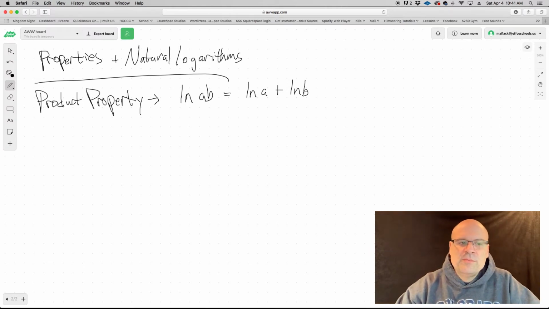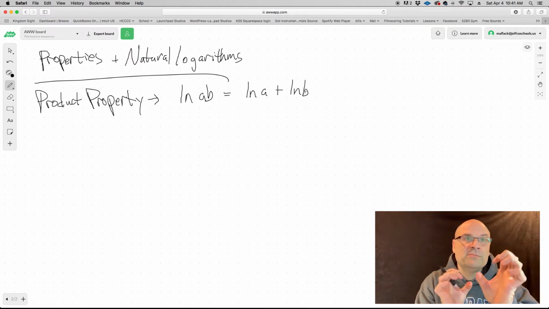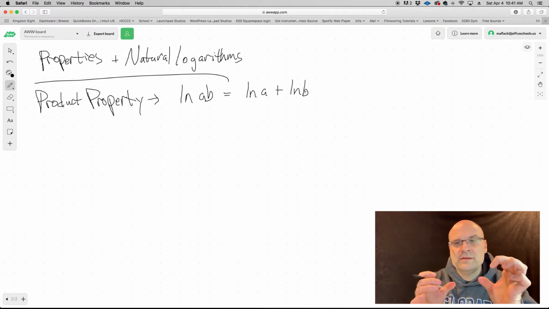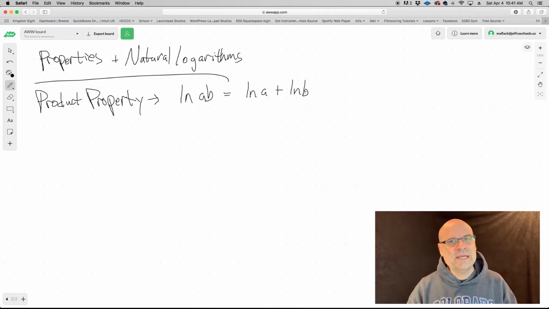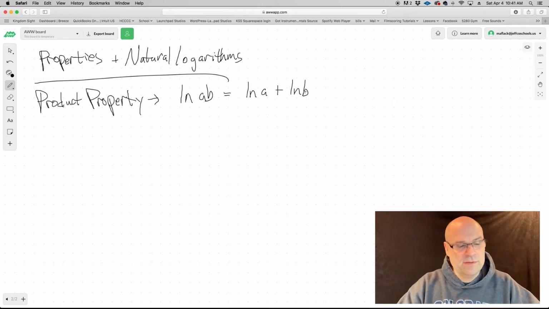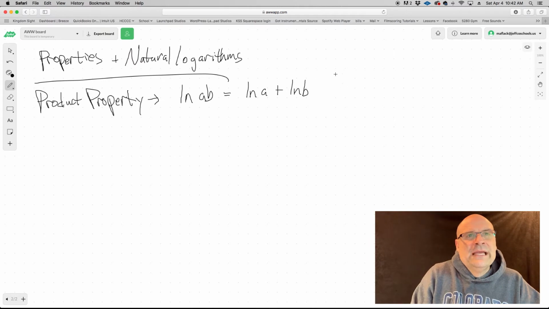Do you remember when we had our product rule for exponents? What do you do with the exponents when you multiply x squared times x to the third? You add the exponents. So it makes sense that those would be similar types of properties for logarithms. This has to be for any positive a and b.